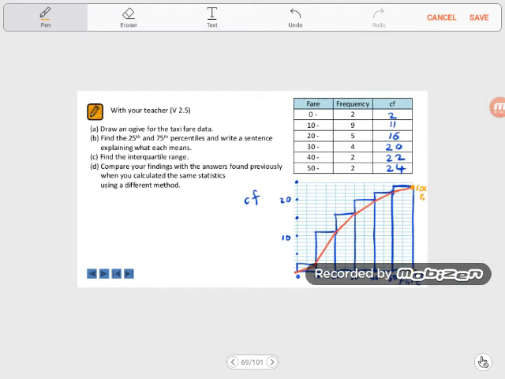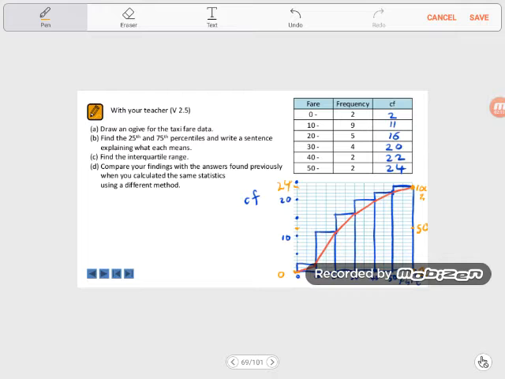Now, obviously, we go up to 24 for 100%, and 0 for 0%. So 50% is going to be half of 24, so 12. So the 50th percentile lies right there on 12, halfway between the two.